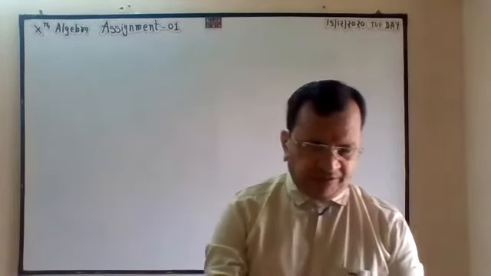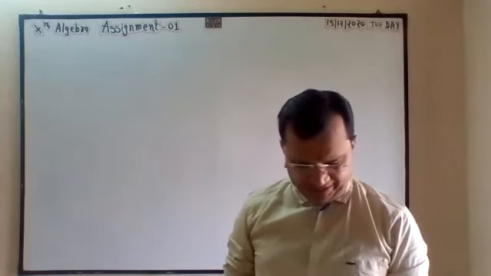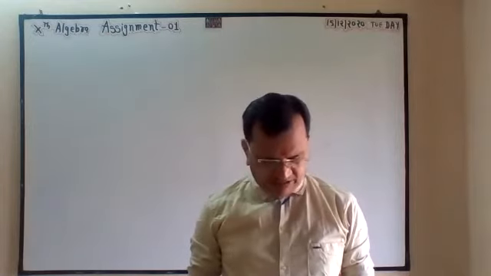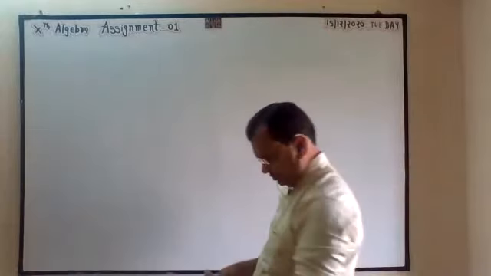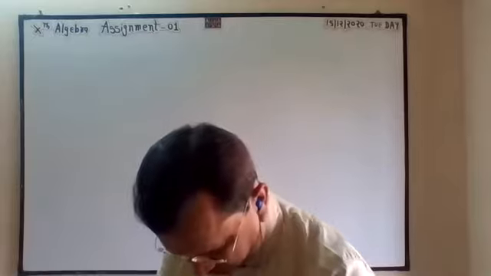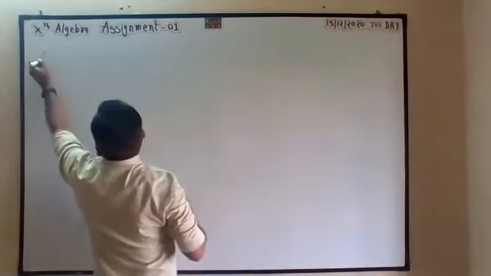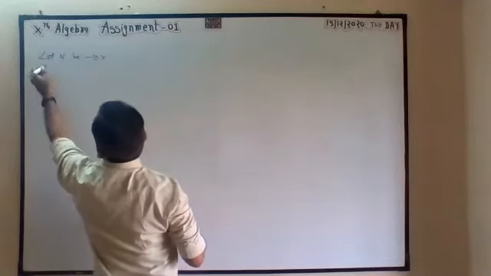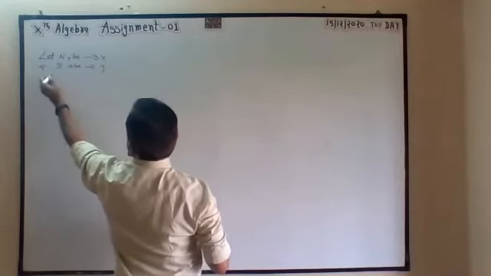Fourth, the denominator of a fraction is 4 more than twice the numerator. If the denominator becomes 12 times the numerator when both denominator and numerator are reduced by 6, find the fraction. Let numerator be x and denominator be y.